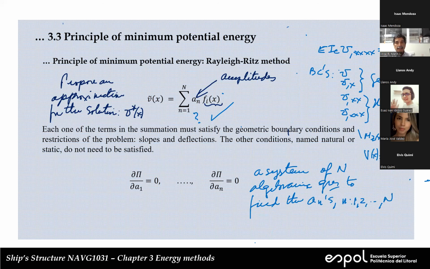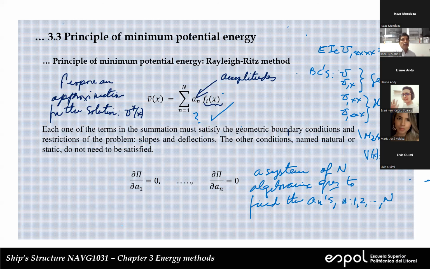In this course, we could try to find, for example, a group of 2 of these functions. I'm going to do an example with 1, but we can do it for 2. So that's the process. First, we have to identify what the conditions are that we have to satisfy, and those are the geometric boundary conditions.